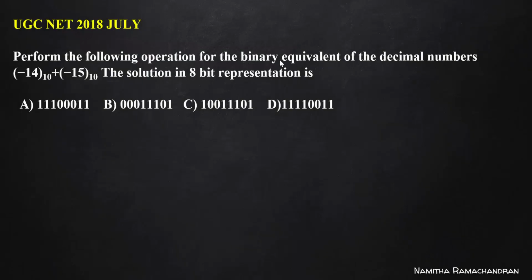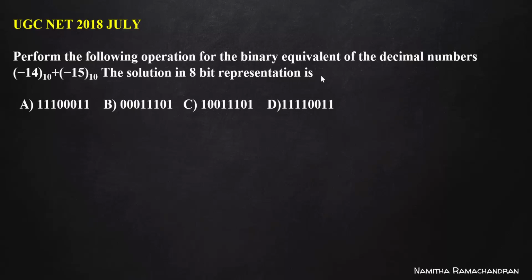Next question. Perform the following operation for the binary equivalent of the decimal numbers -14 plus -15. We need to add two decimal numbers, -14 and -15. The solution in 8-bit representation.